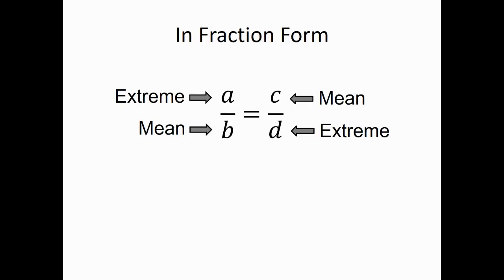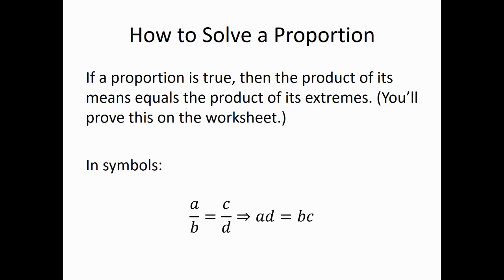And if we were to write this in that fraction form, what that means is that the extremes are, first of all, the top of the first ratio, and then the bottom of the second ratio. And the means are first the bottom of the first ratio and the top of the second. Now, we won't actually use that language much in this first section, but later on we certainly will. There'll be certain geometrical theorems that will be expressed in terms of means and extremes.